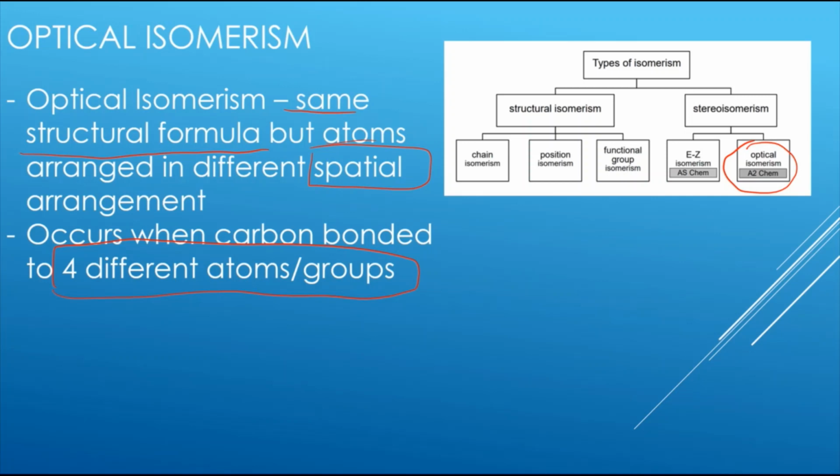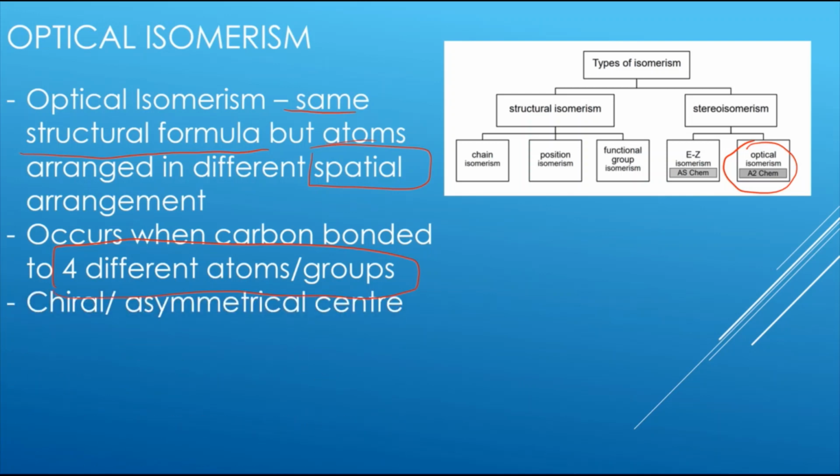If it was trigonal planar, with only 3 different atoms or groups, then it won't be possible. If it was 5, it won't be possible, and it has to be 4 different ones. So if it was 3 different and 2 the same, then this won't occur. So it has to be 4 different atoms or groups.